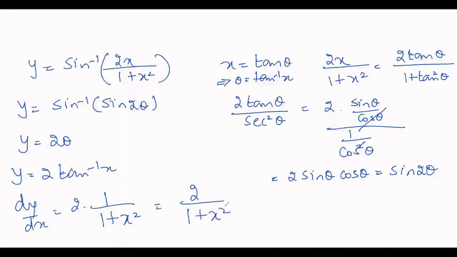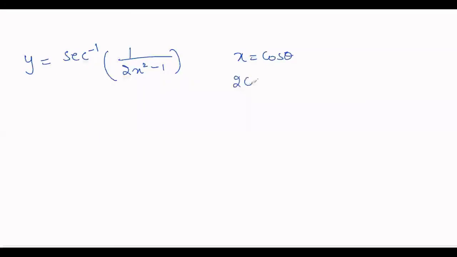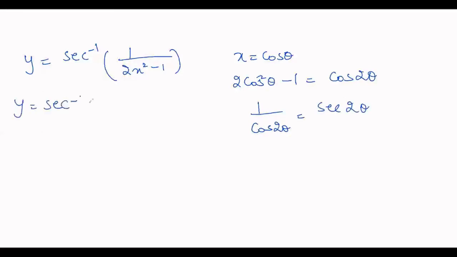Next question. y is equal to secant inverse of 1 by (2x squared minus 1). So here I'm going to use a substitution: x is equal to cos theta. So 2 cos squared theta minus 1 in the denominator is equal to cos 2 theta. So what is 1 over cos 2 theta? Equal to secant 2 theta. So y is equal to secant inverse of secant 2 theta.